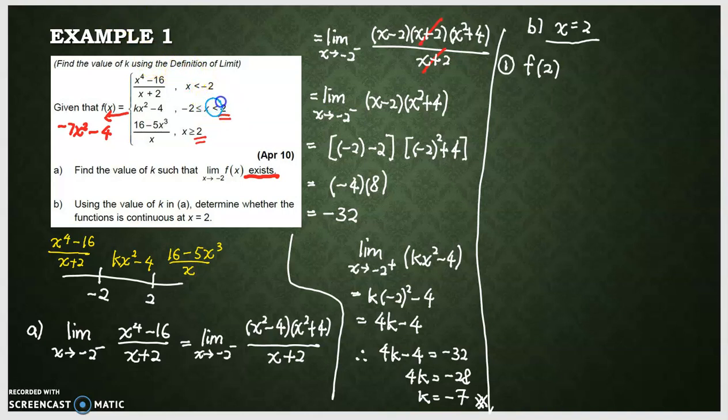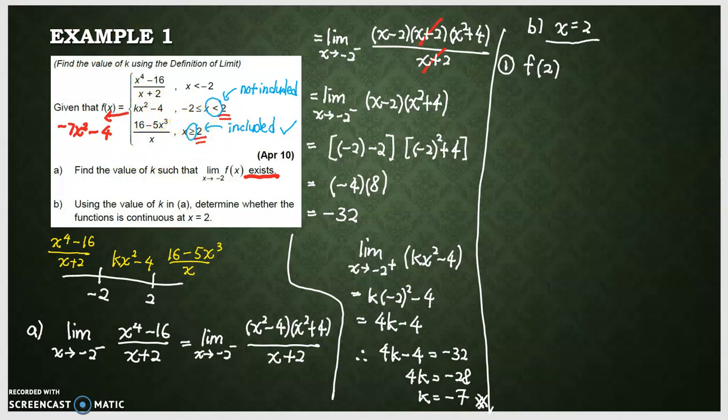Here, this means 2 is not included, whereas here 2 is included. Since this one includes 2, this is the function that we're going to choose, not the other one.